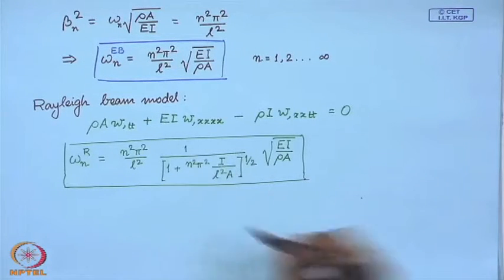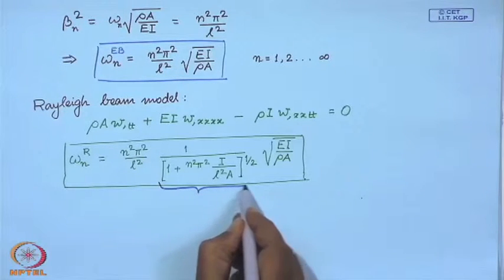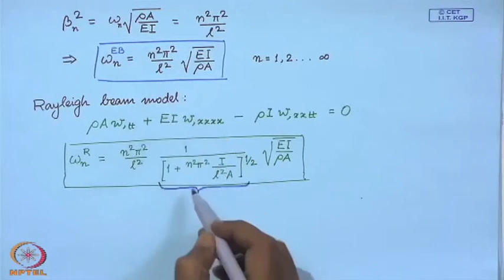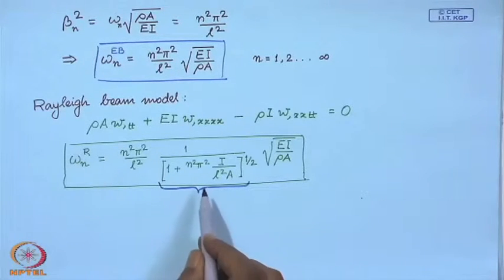So, we have this additional factor in the circular natural frequencies of a Rayleigh beam.